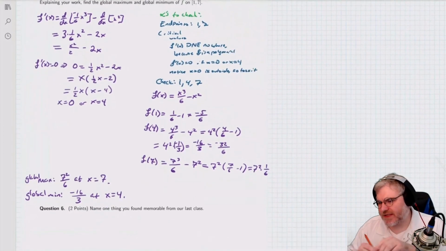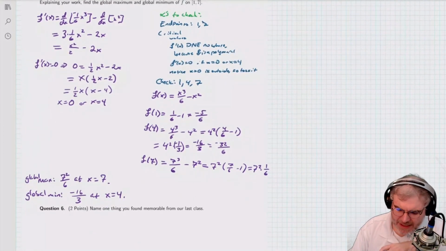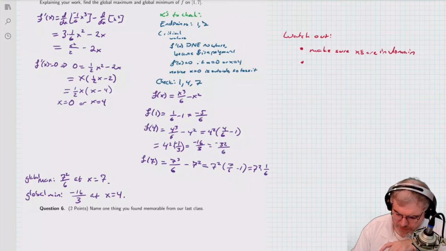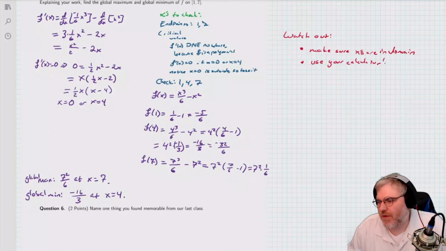So the key points to this one are the gotchas, the watch outs. Watch out, make sure your x is in your domain. And what's the other thing? Use your calculator. Right, because you really do want the decimal expansions. You want to be able to compare these things.